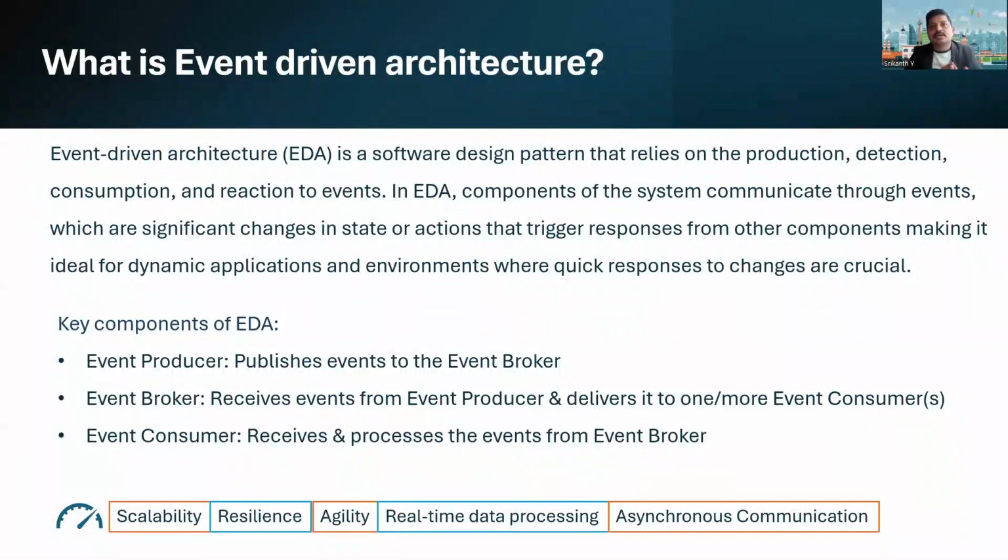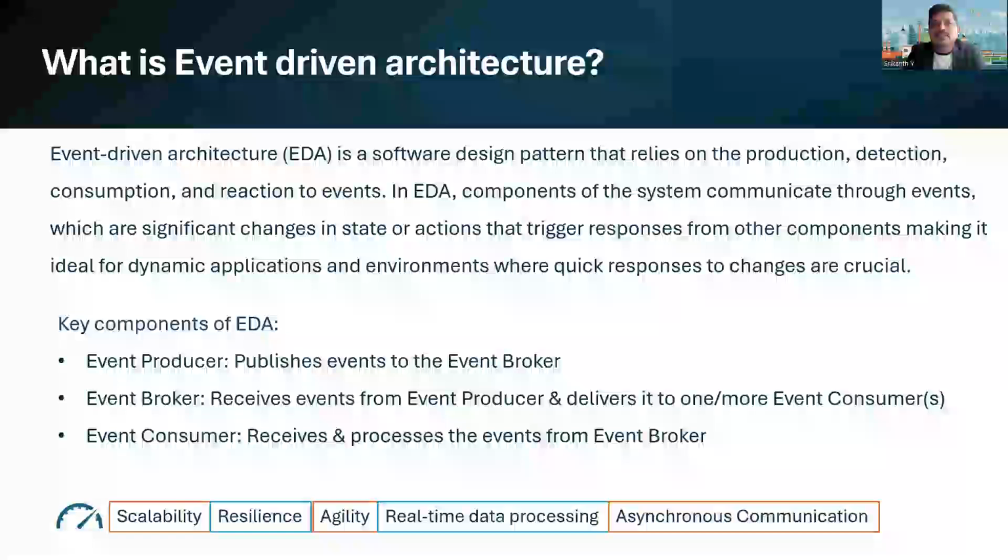This is exactly how things like the Amazon app work, and I'll show you some of our applications that we have built on event-driven architecture from IDP. We use event-driven architecture so that we decouple and have loose coupling between services.